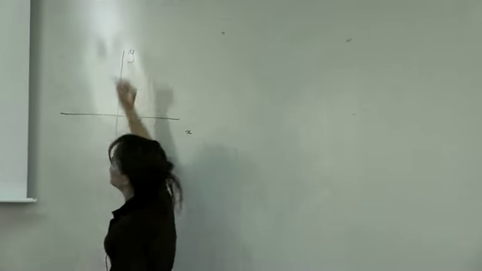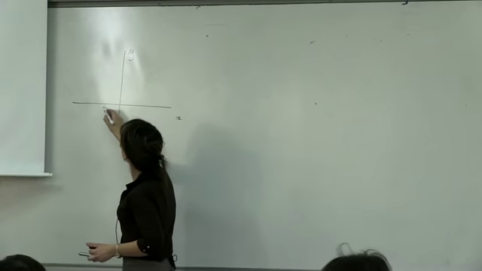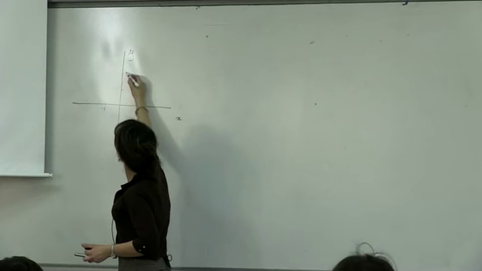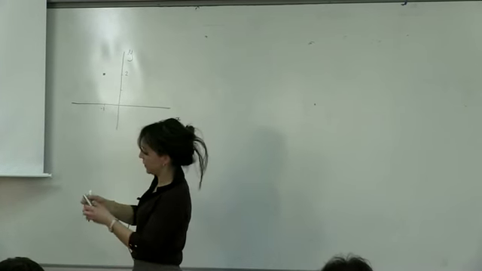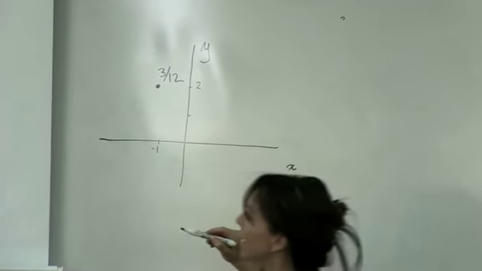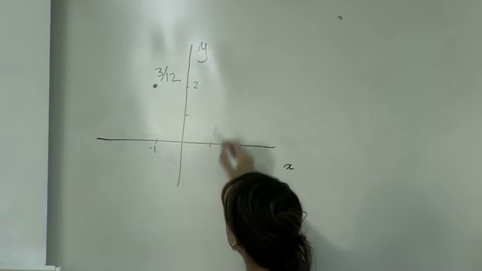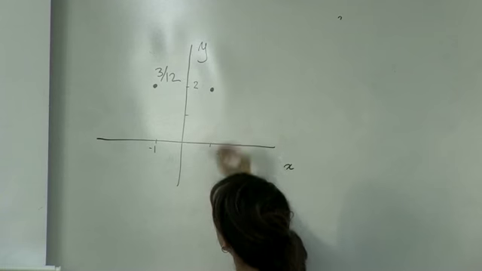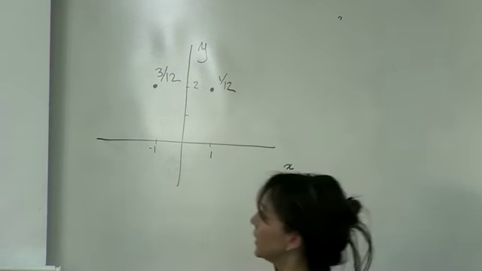With respect to x and y, we have the point -1, 2. There's a probability mass of 3/12 at this point. And at the point 1, 2, there's a probability mass 1/12.